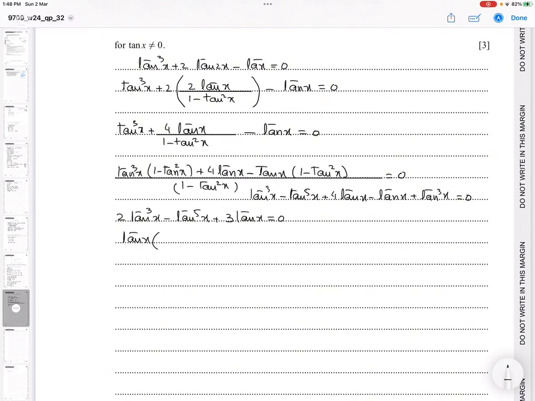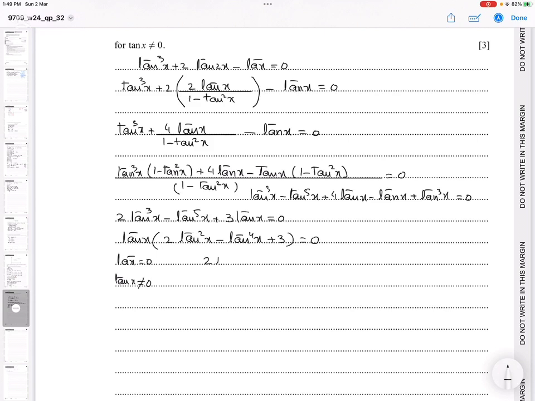Tan x common, so tan x is equal to 0, where tan x is not equal to 0 in the question. So leave it.